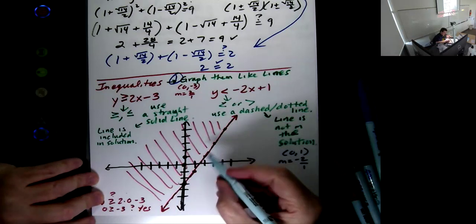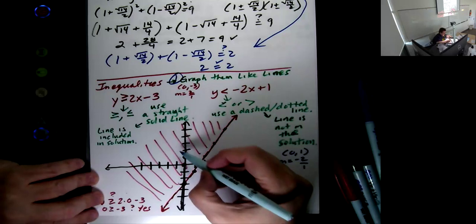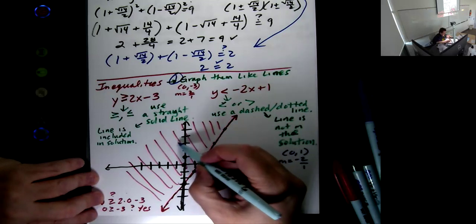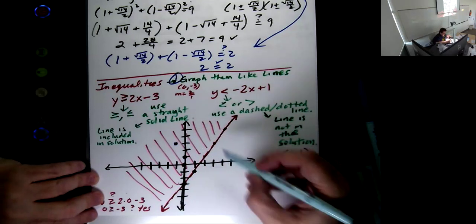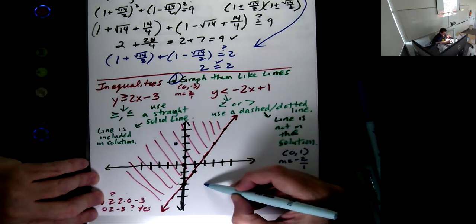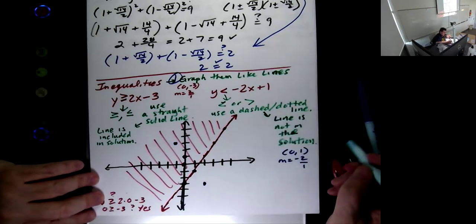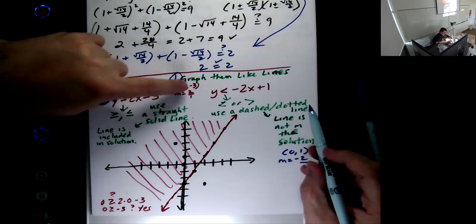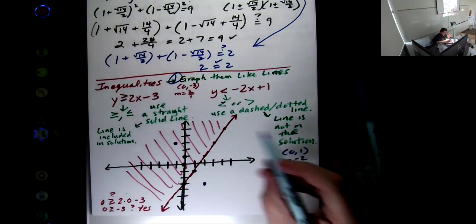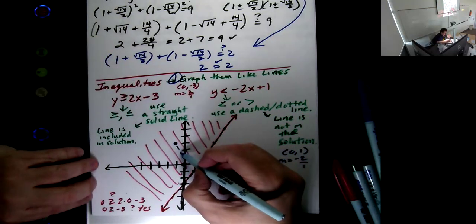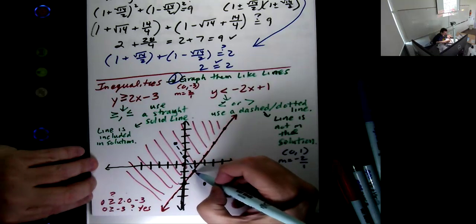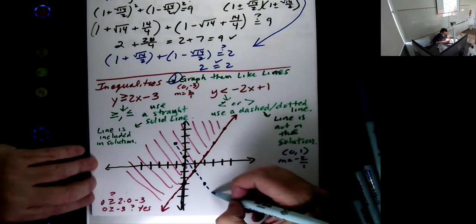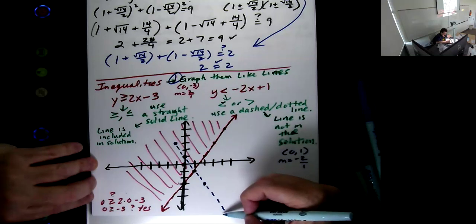I have that, I have that, that. And now, since it's strictly less than, we're going to use a dashed line. This tells us that line is not part of the solution.